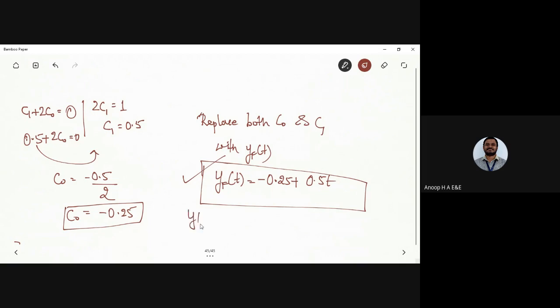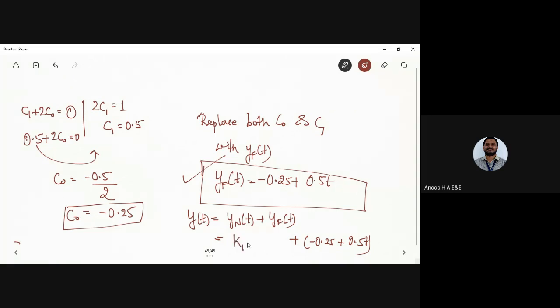So the total response of the system will be yn of t plus yf of t. I have got yf of t, which will be equal to minus 0.25 plus 0.5 into t. And yn of t, what is the value of yn of t?